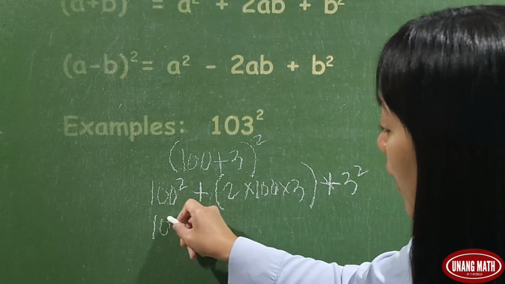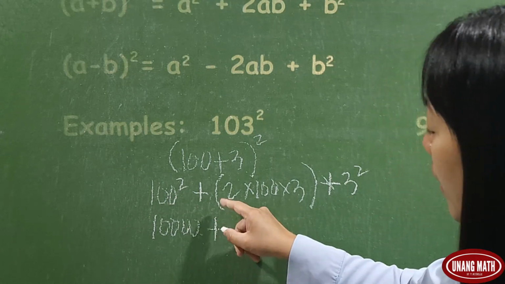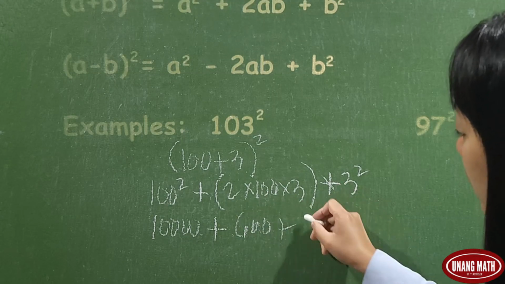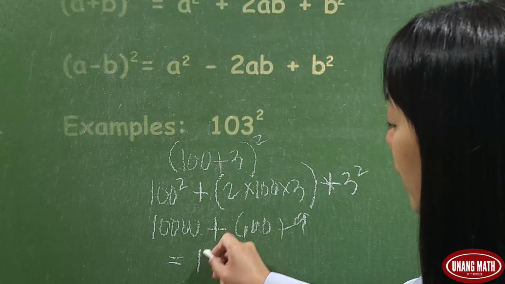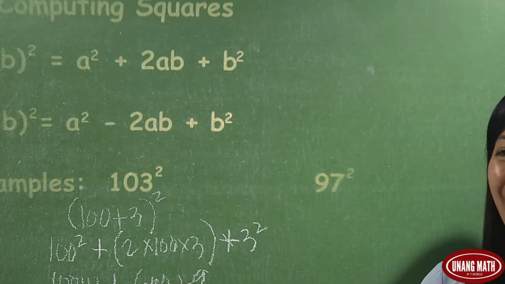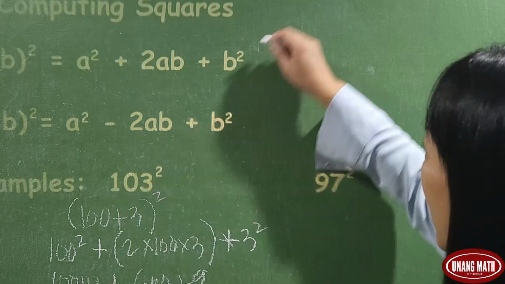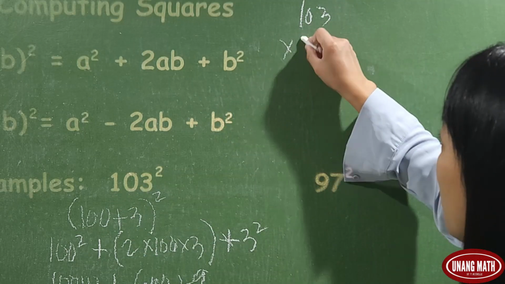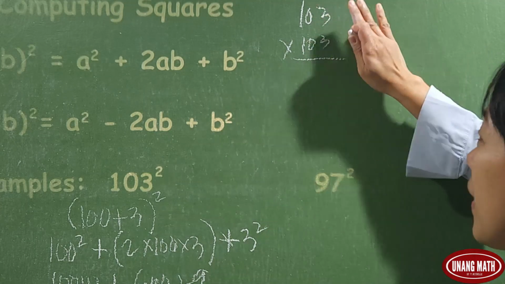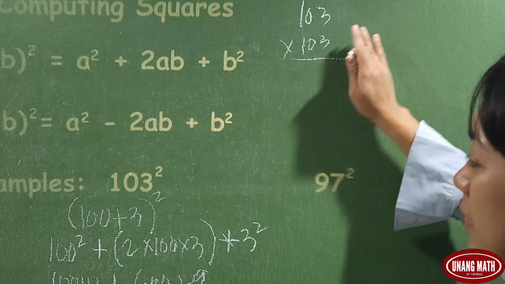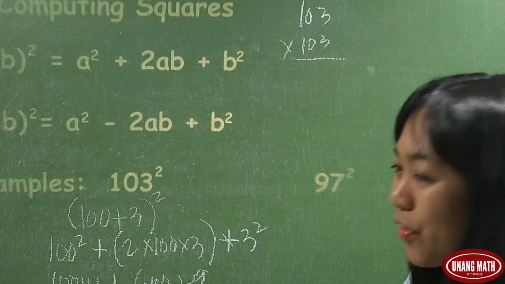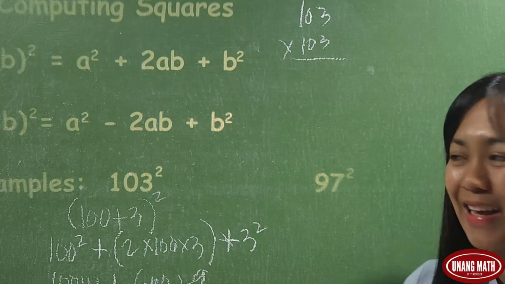So this is then 10,000 plus 2 times 100 times 3 is 600, plus 9, then we now have 10,609. Instead of multiplying the usual way, which is 103 times 103, this is more complicated and a long process. So we made use of square of binomials and we got the answer immediately.